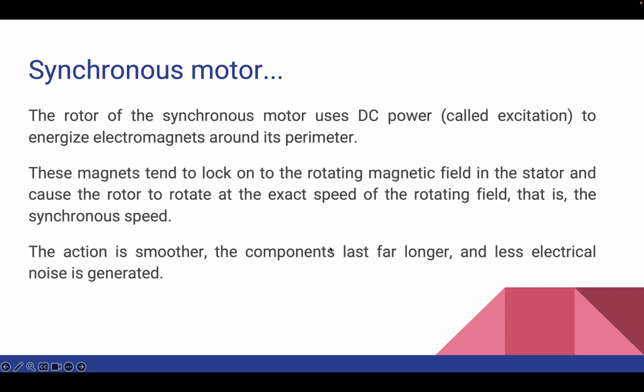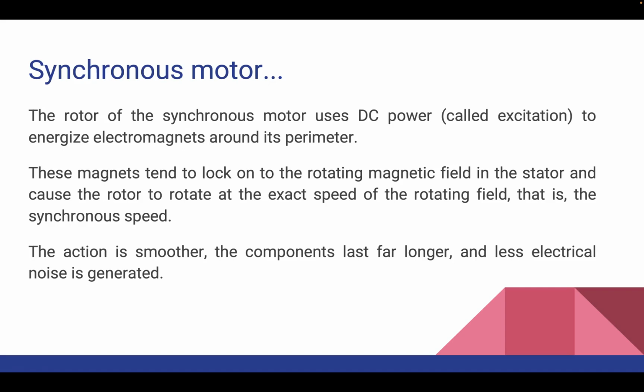Now, moving on with our discussion of synchronous motors. It is important to understand how they differ from the induction motor in terms of power transmission to the rotor. As we discussed in our last lecture, induction motors rely on induction for power transmission to the rotor, which necessitates a difference in speed, which is our slip, between the rotor and the rotating magnetic field.